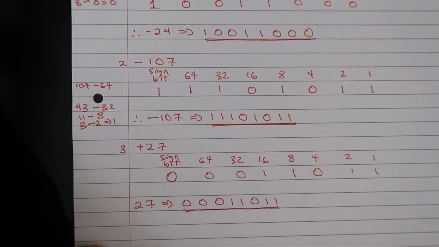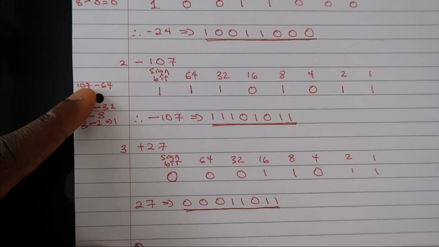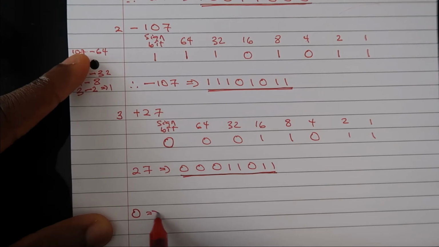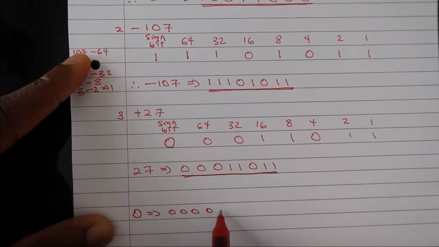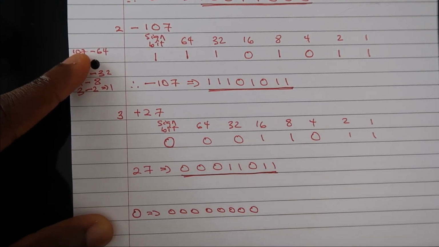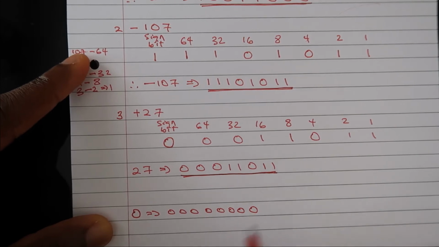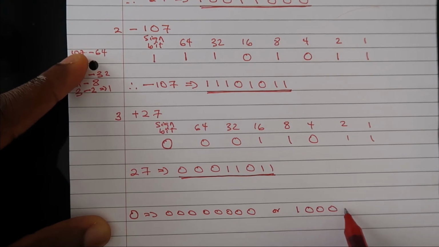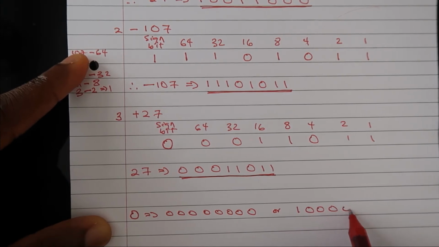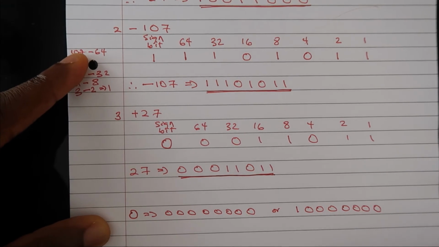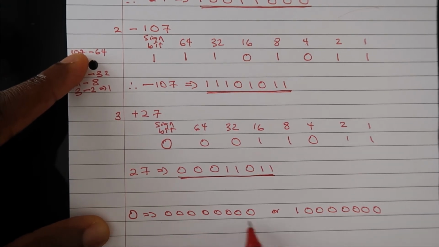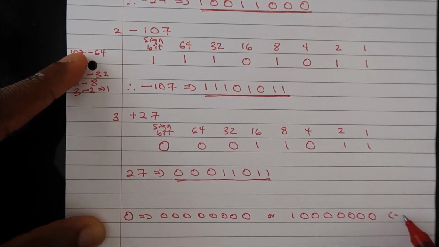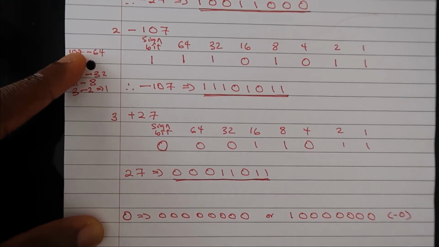The number 0 can be represented as all zeros, or like this. So technically what I'm trying to say here is this is minus 0.